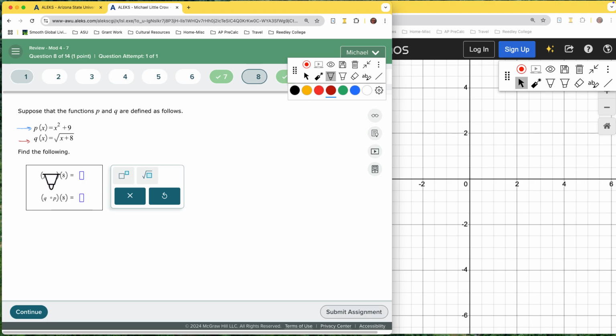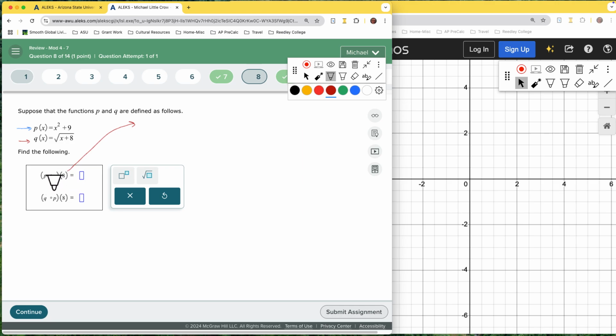We want to find p composite q of 8, and then the second one is q composite p of 8. So the order is different. The notation I like for composition is to use one function inside the other.